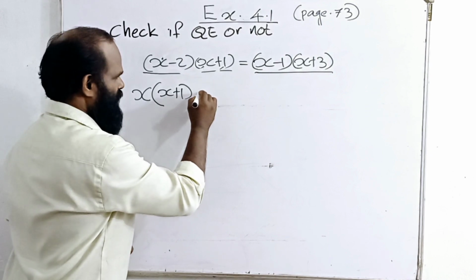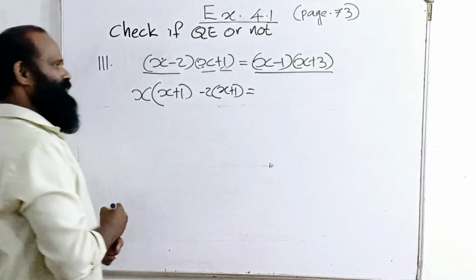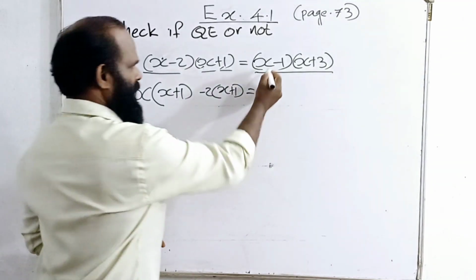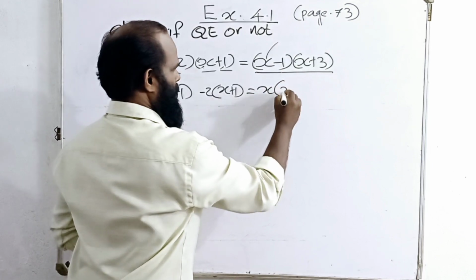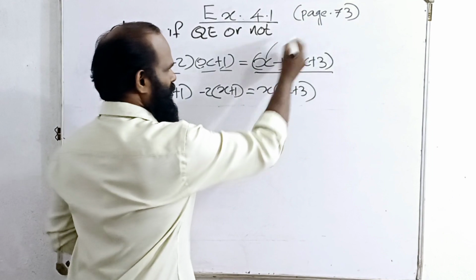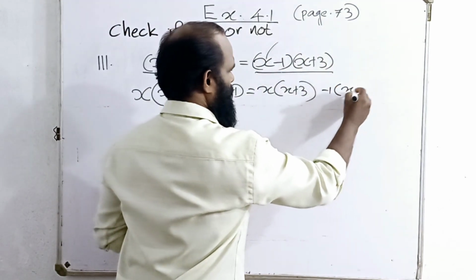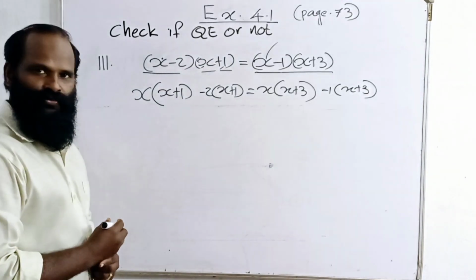Negative 2 into x plus 1 is equal to x into x plus 3, negative 1 into x plus 3. This is how we do.